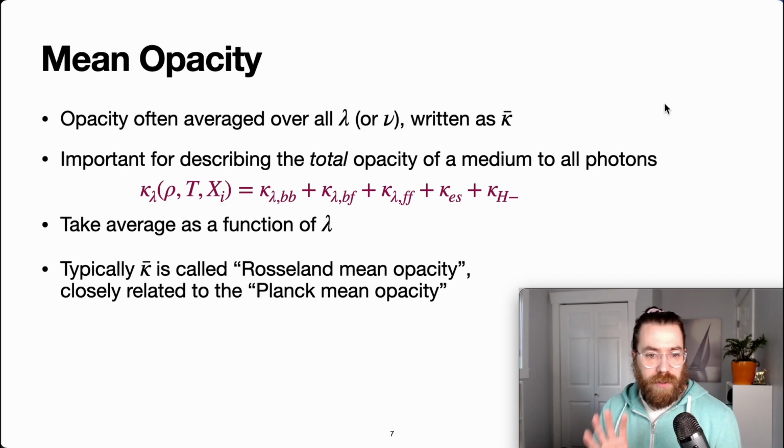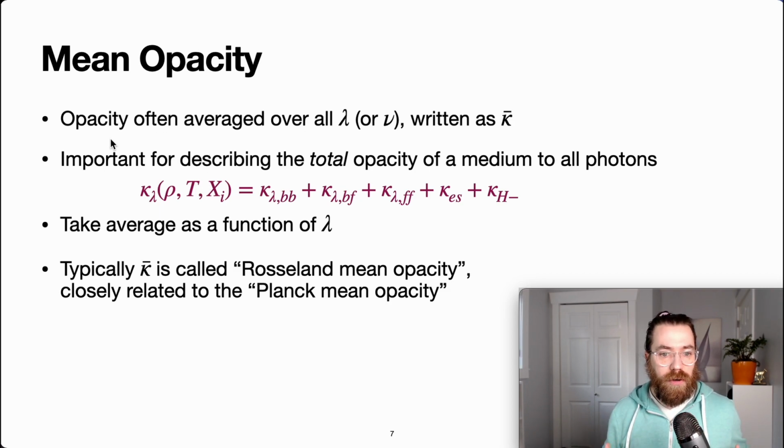Very similar to the total opacity, but this is something that your book talks about, the mean opacity. So the total opacity is a function of wavelength and temperature and composition. But if you want to average this opacity over all wavelengths, say the total opaqueness of this gas to all photons coming through.